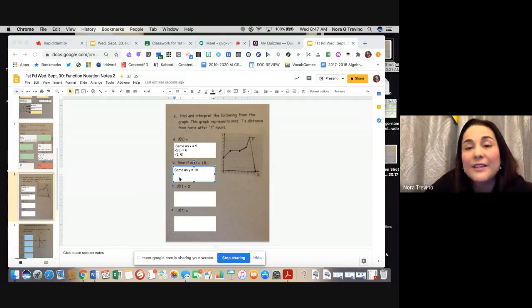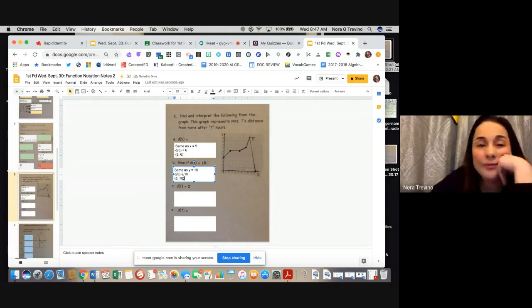Very good. So I'm going to put right here d of, what was the x we found? 8 equaled 10. Or you write it as an ordered pair, 8, comma 10. Because we were given the y on this one.